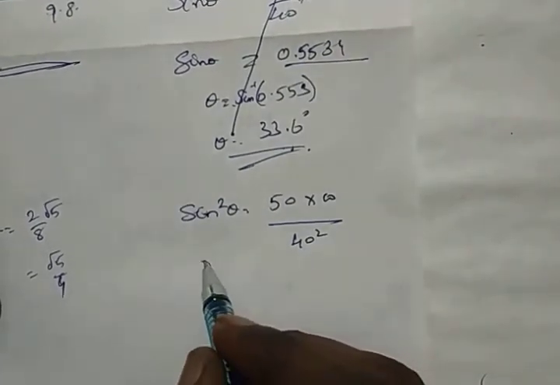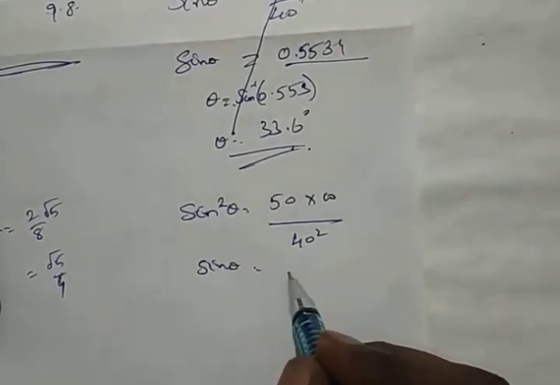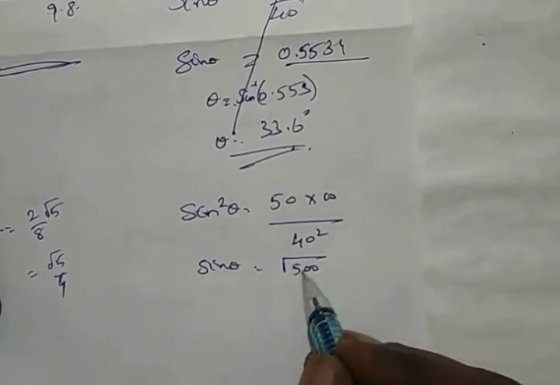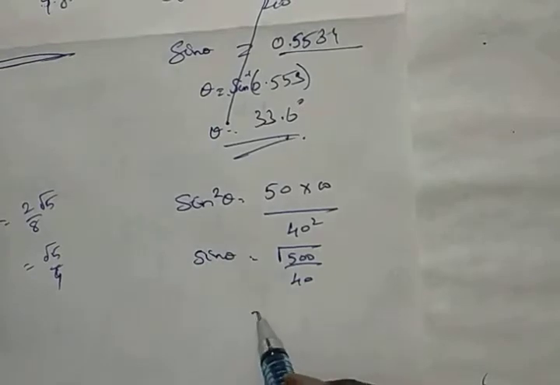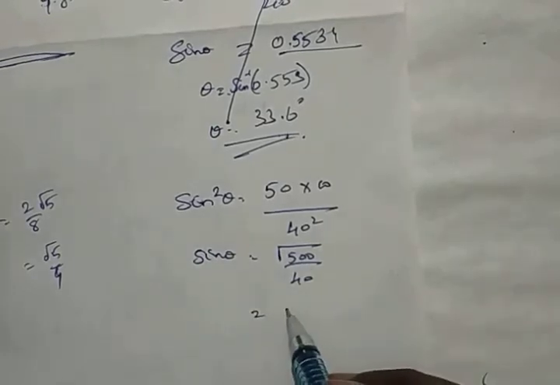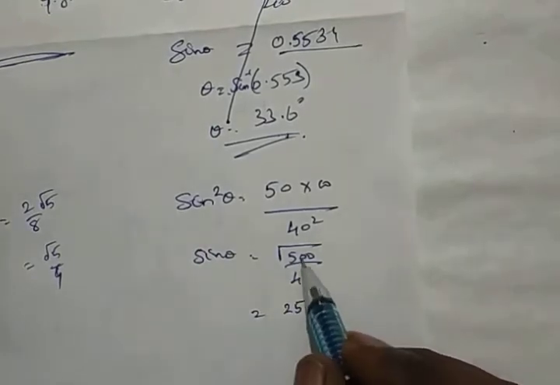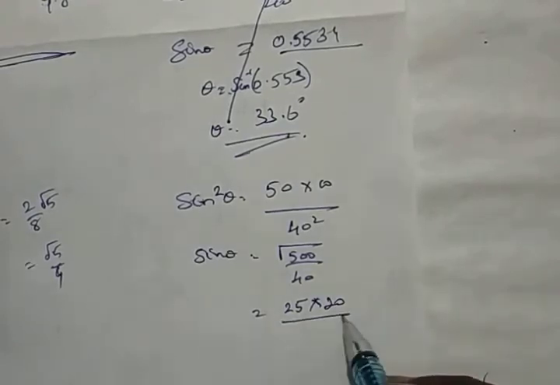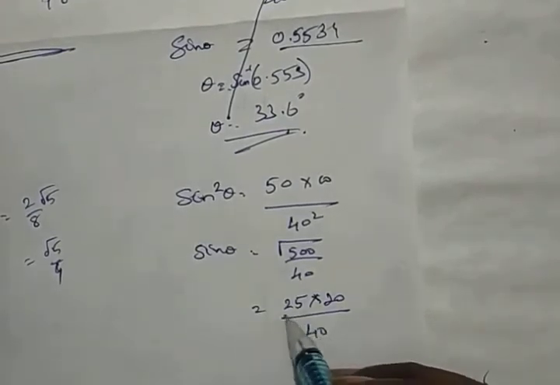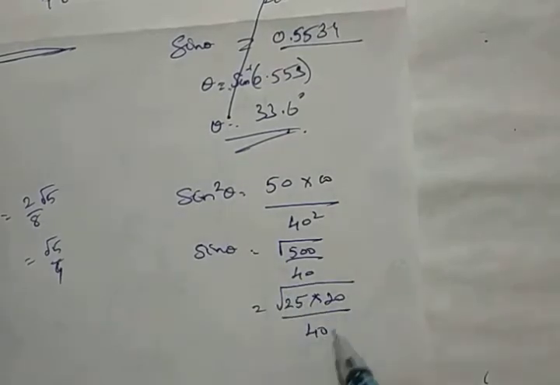Now sine theta is going to be equal to under root 500 upon 40, right? The next one is, you get here 25 into 20 upon 40 under root.